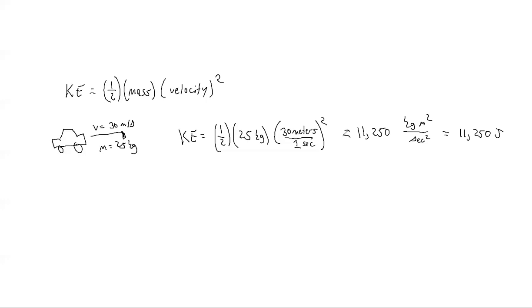Okay, so lots of things to unpack here. The first one, we'll talk about this whole squaring situation, right? So the units we went into were meters over second. And when we squared that, remember that squaring is essentially just multiplying the term by itself. So it's meters over second times meters over second.